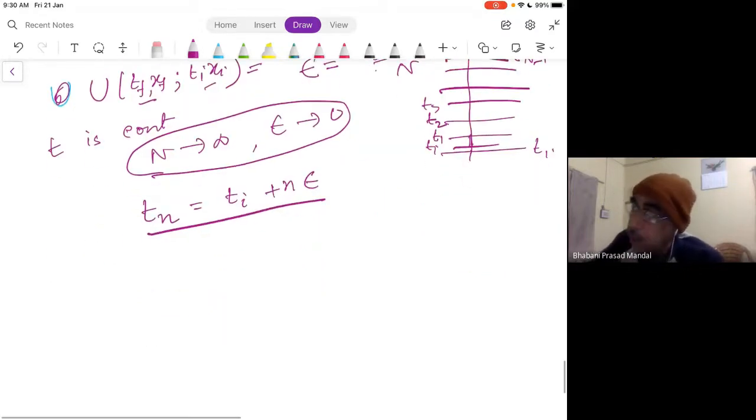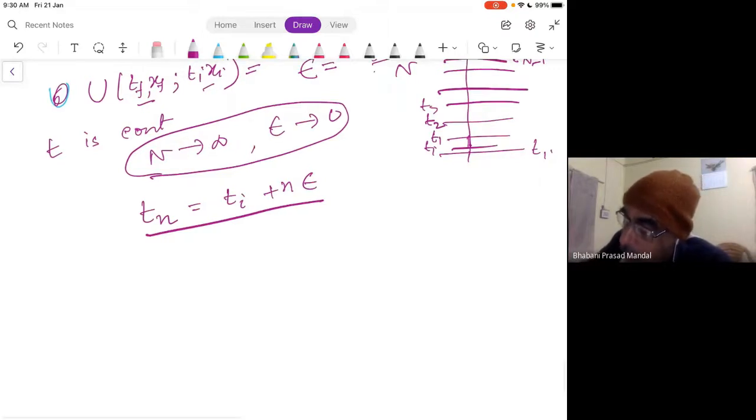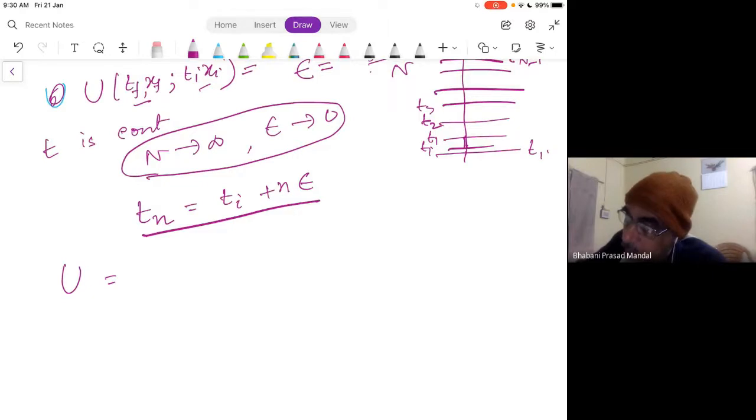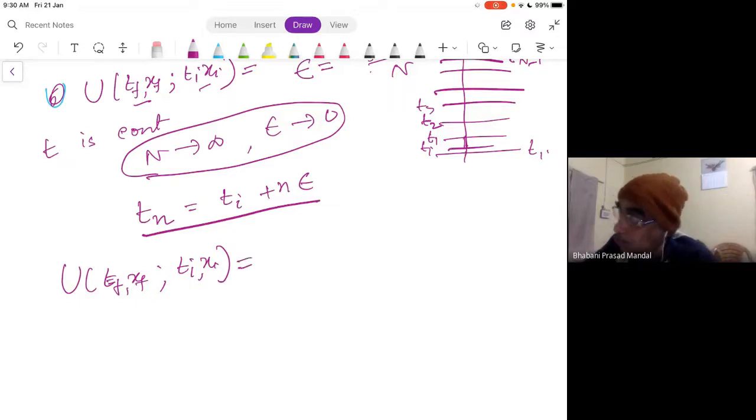So now, by definition, this our u, let me write in short, xf, tf, xi, ti, will be, then I can have this in the Heisenberg picture, Tf xf, Ti xi.